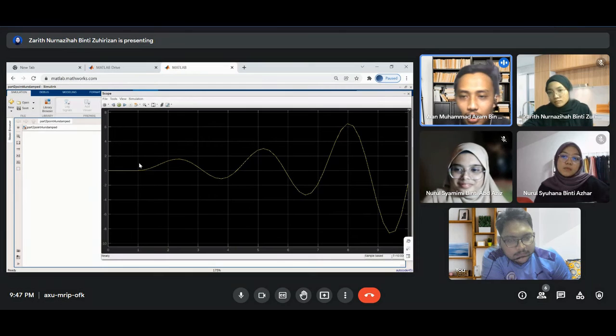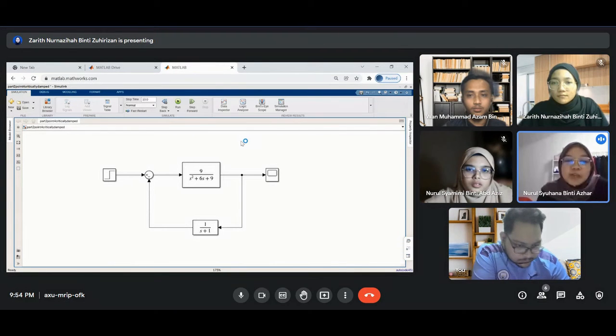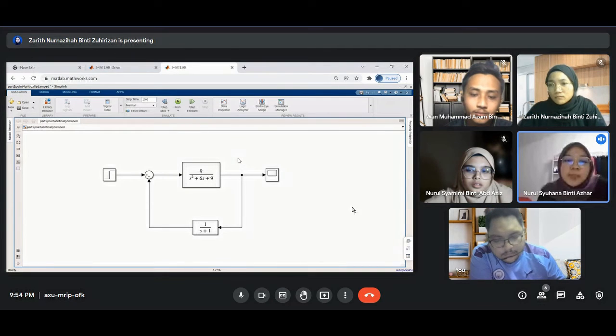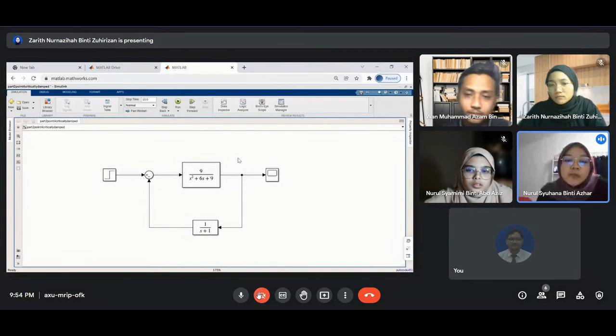Okay, I will pass to the next presenter, which is Nurul Shahana. Okay, my name is Nur Shohana binti Azhar, CE190174. Now I'm going to present regarding the critically damped response after we added another transfer function into the system. The value of the numerator and denominator must follow the condition of critically damped, which is the value of the damping ratio must be equal to 1.